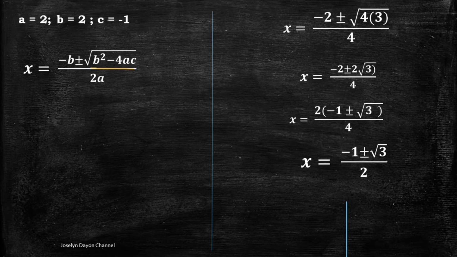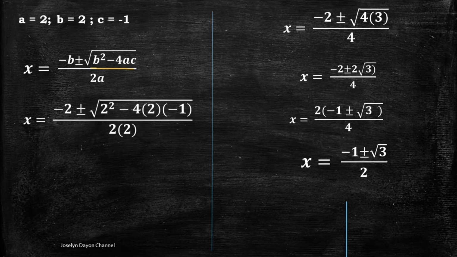So the resulting equation now is negative 2 plus minus square root of 2 squared minus 4 times 2 times negative 1, all over 2 times 2.